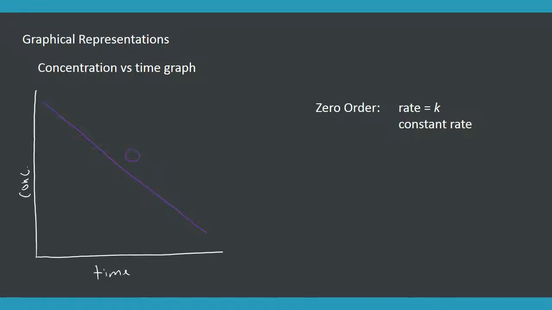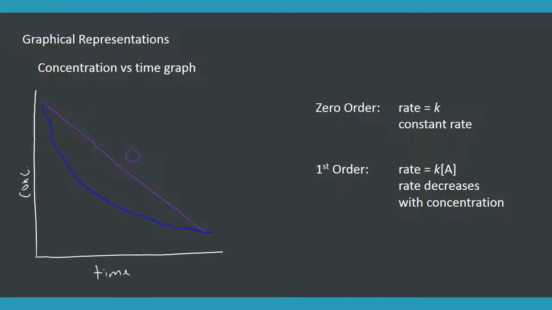Okay? Then a first order reaction, rate equals K times the concentration of A. So rate decreases with concentration. And it's a relatively constant graph.